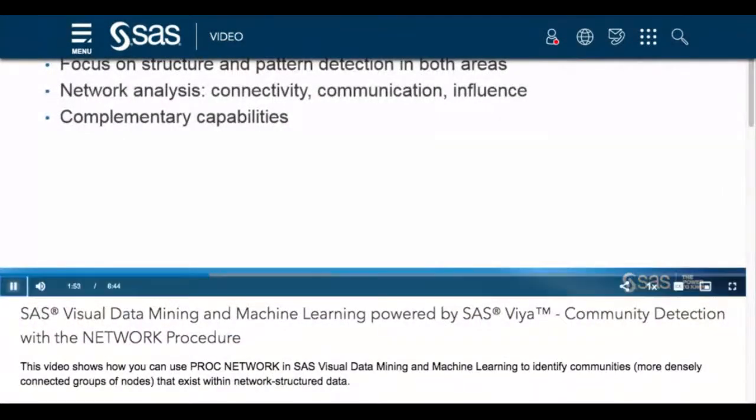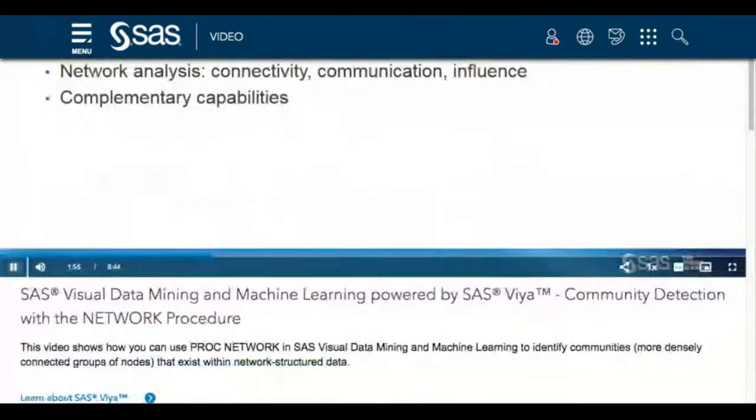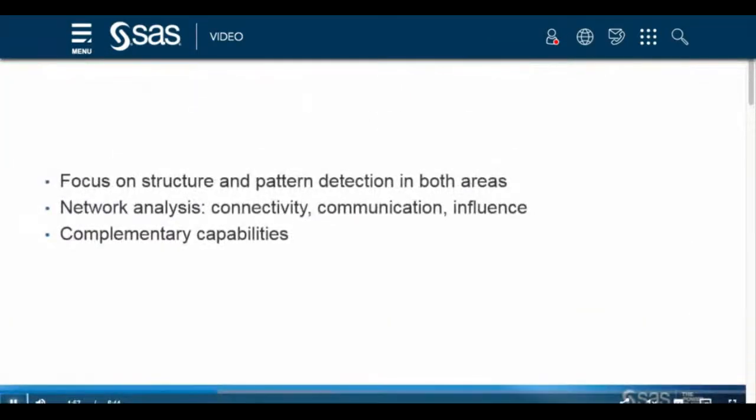It complements them very well because Proc Network's algorithms have a unique focus on connections, on communication, and on strategic influential positioning within a web of connections. Network analysis adds a great deal of value to data mining and machine learning. All three approaches strive to identify structure in data and information.